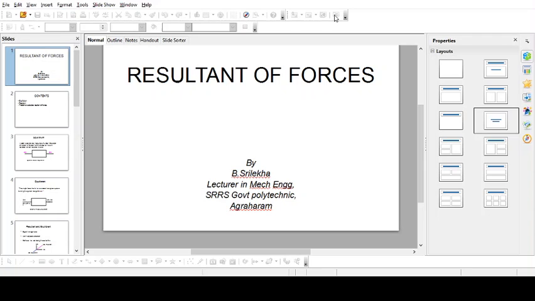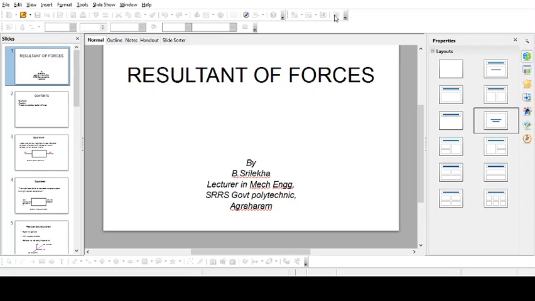North of east means from the east you have to take towards the north side, 10 degrees on east.